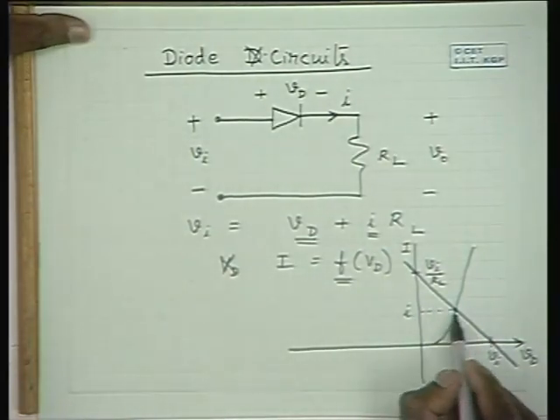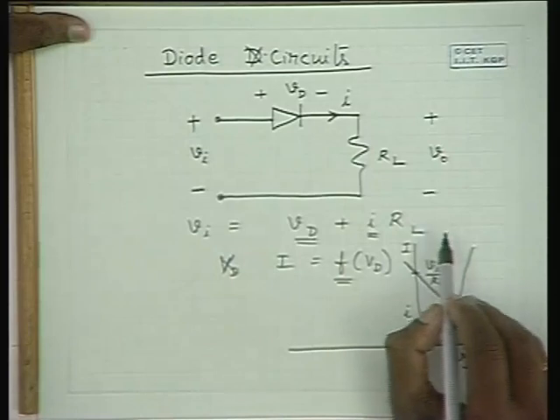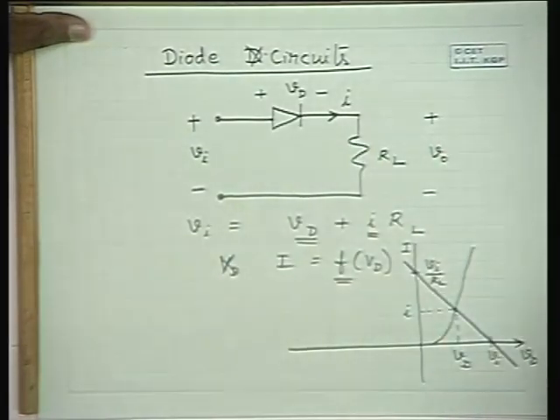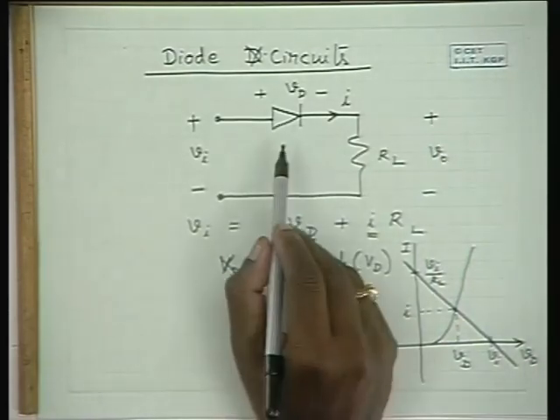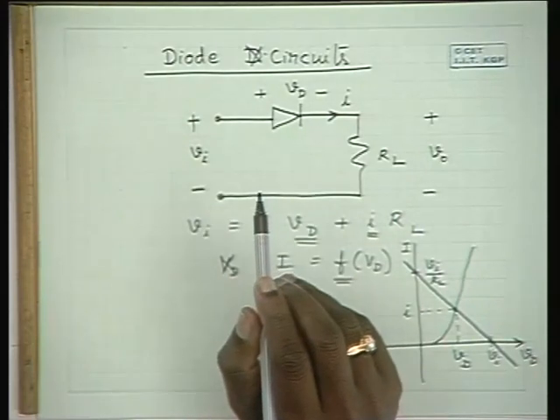So now this is the operating point. Once you know I and once you know Vd, from the first equation we can find out how much output voltage we get. So this is one way of determining the currents and the voltages when you use such a nonlinear device like this diode in circuits.